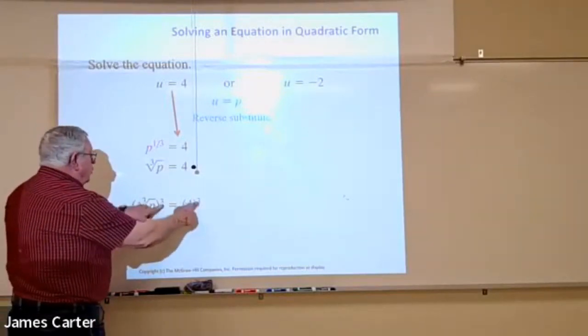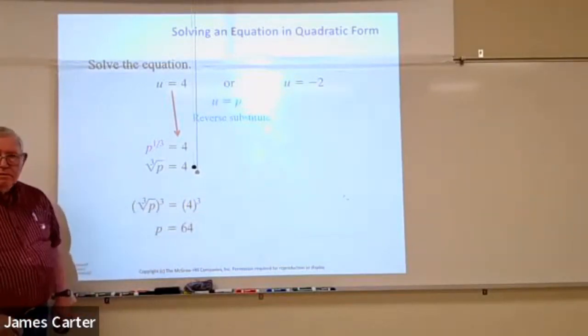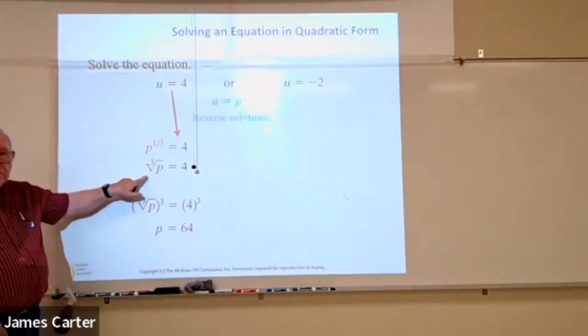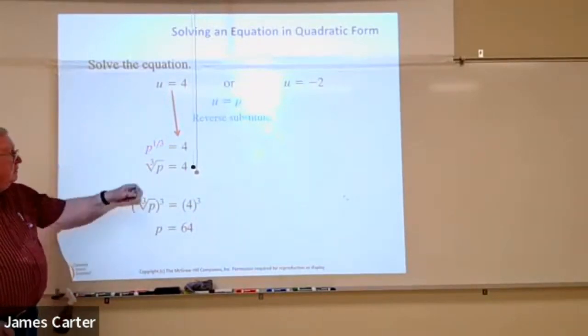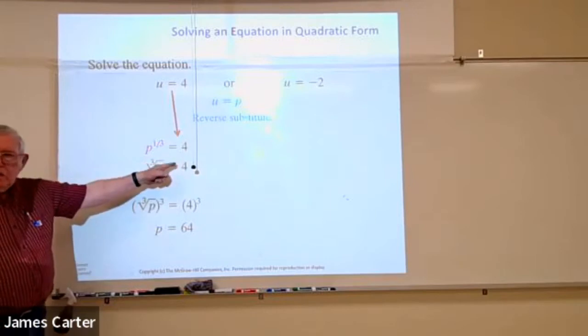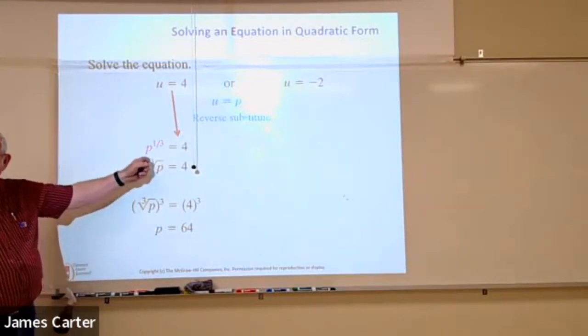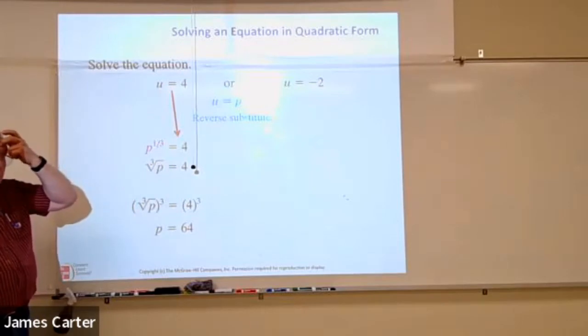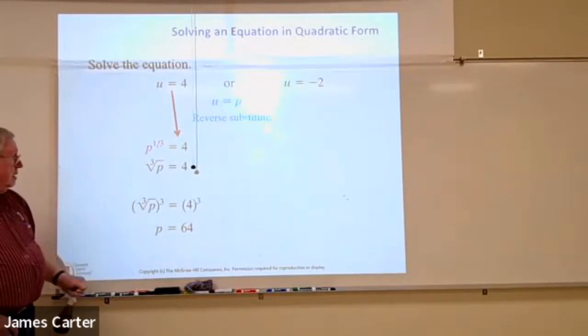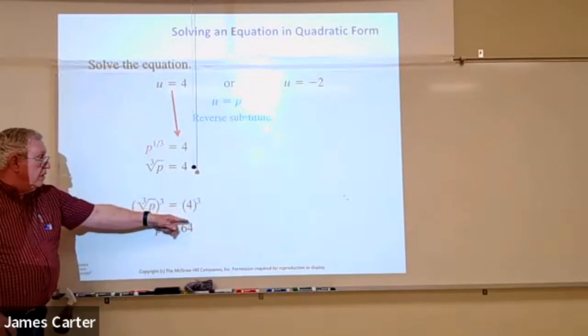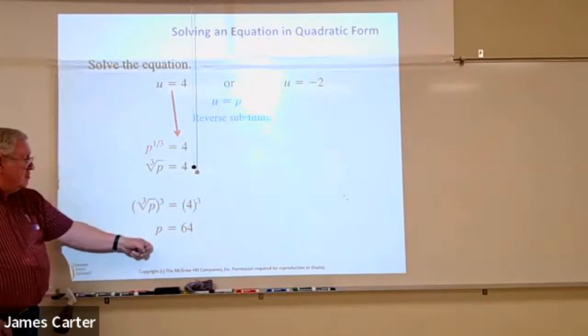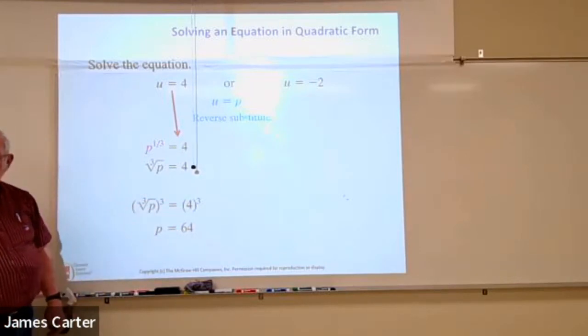They're showing I'm cubing both sides to get rid of that cube root. If this had been a square root, I would have squared both sides. If it had been a fifth root, I would have fifth powered both sides. Well, anyway, 3 to the 4th is 64, and that gives me feet, so that's the actual value.